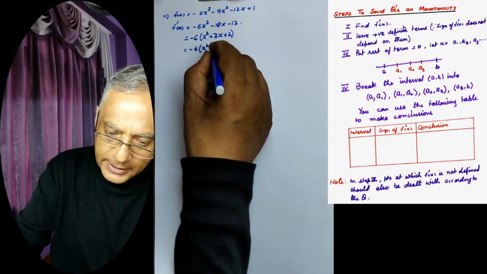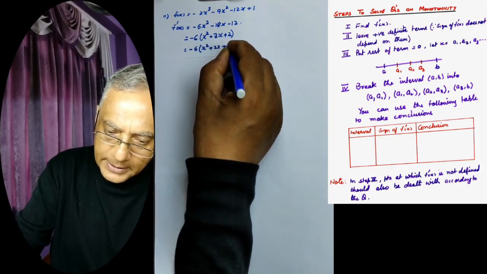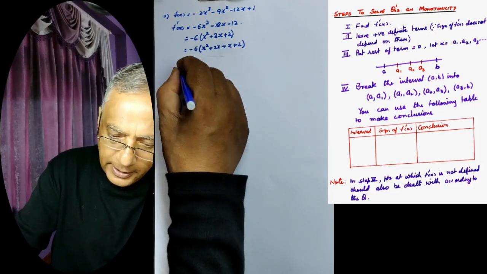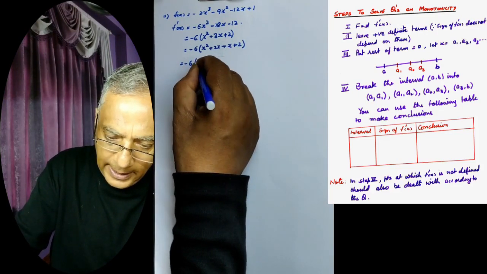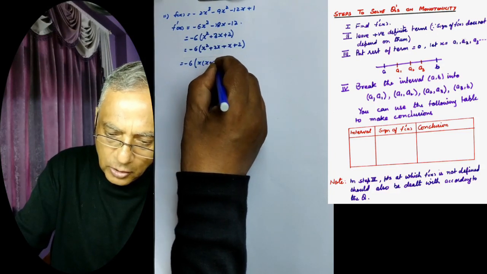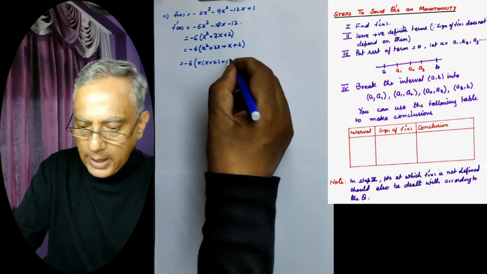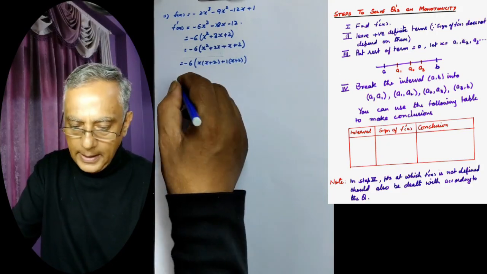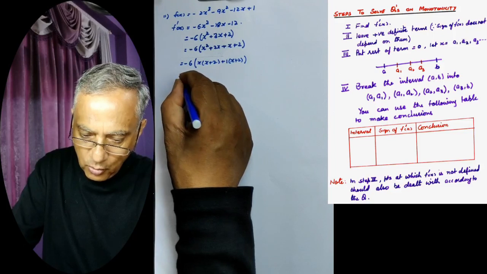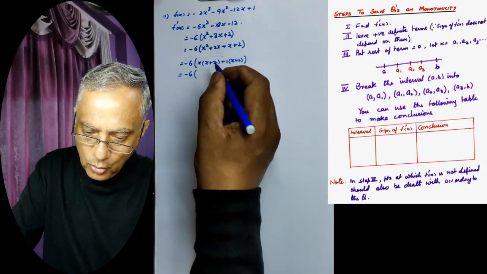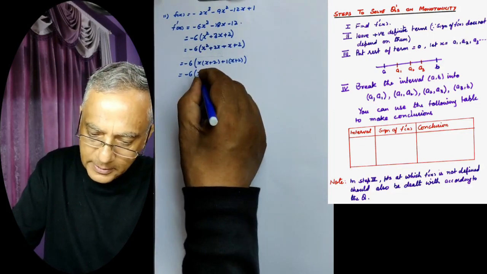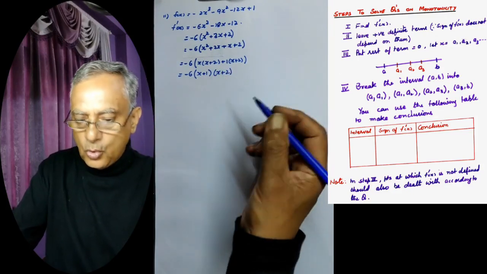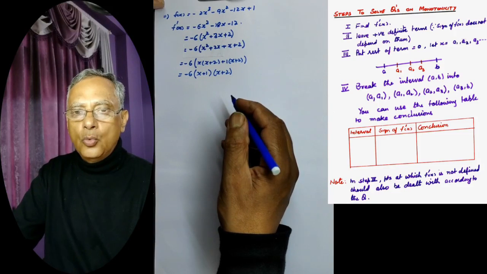So we break this into x² + 2x + x + 2, and this can be written as -6 into x common, (x + 2) + 1 common, (x + 2). This is equal to -6 into, one factor is x + 1 and the other is x + 2.